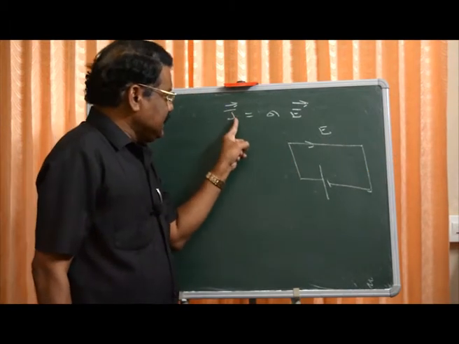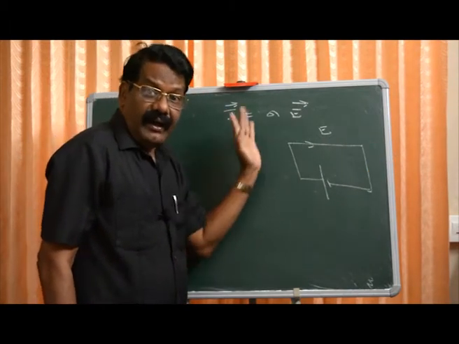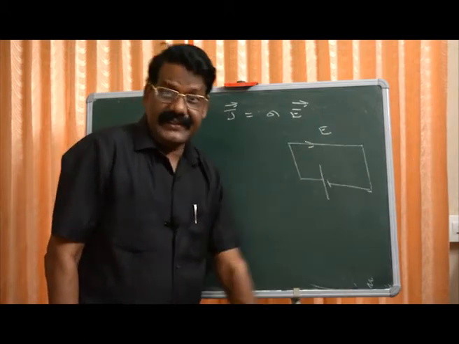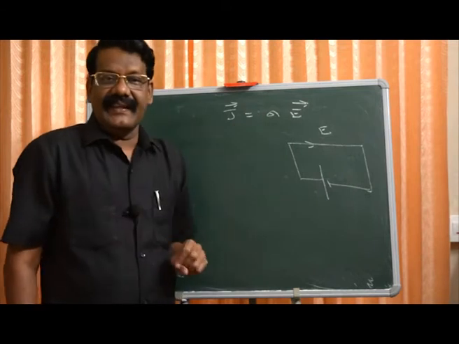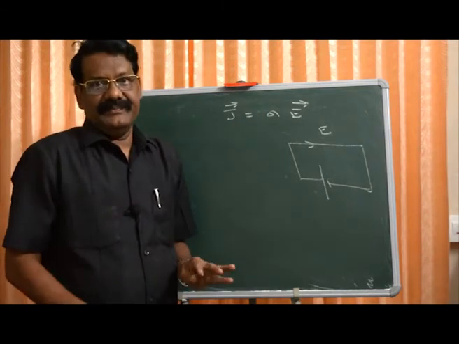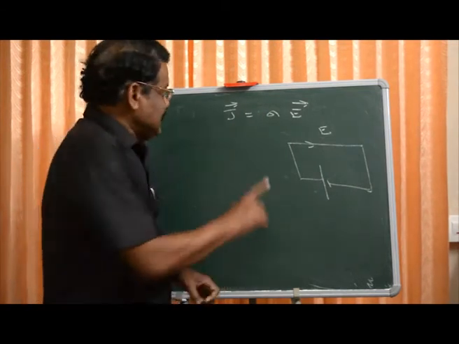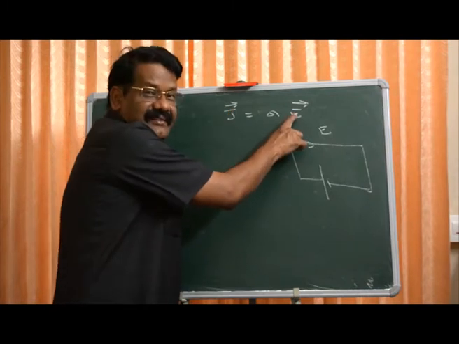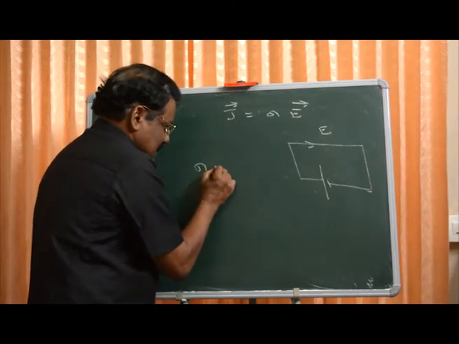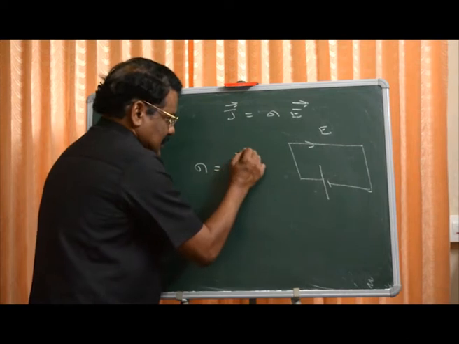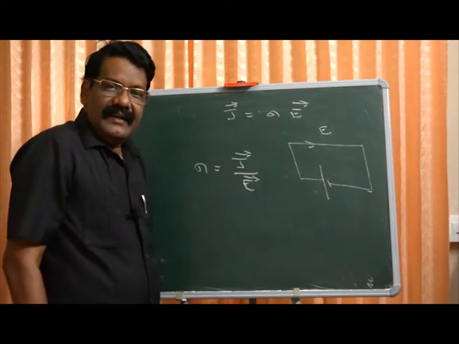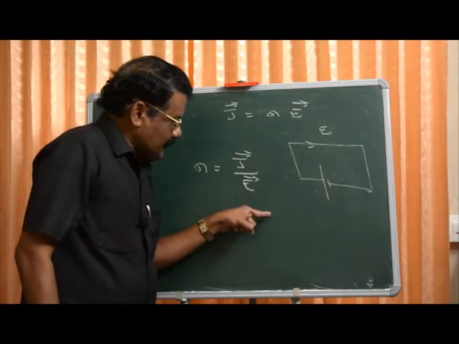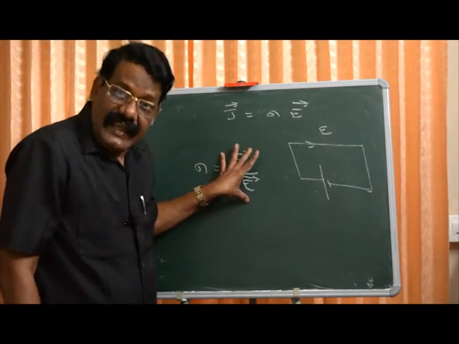So the direction of J and direction of E are along the same direction since the conductor is isotropic. Correct? Since these two are along the same direction, I can very well write sigma is equal to J by E. And these two directions get cut off. We get a scalar quantity.